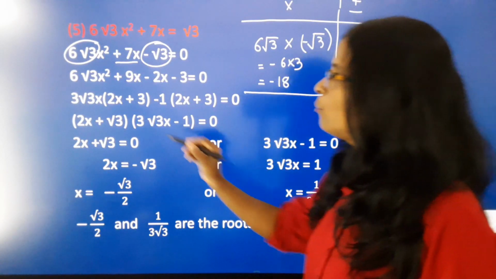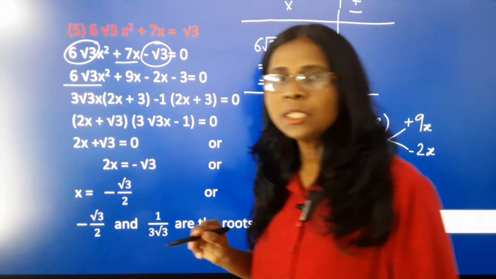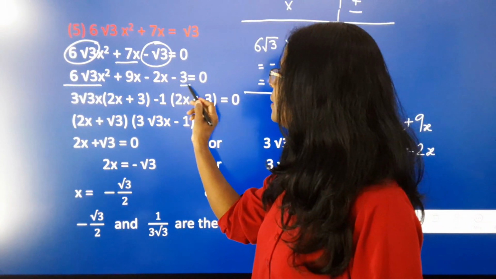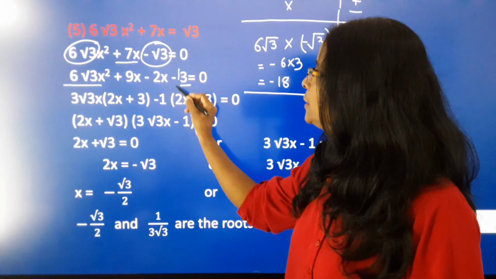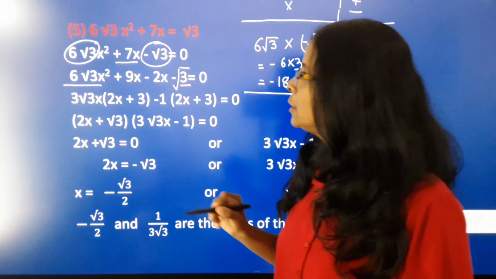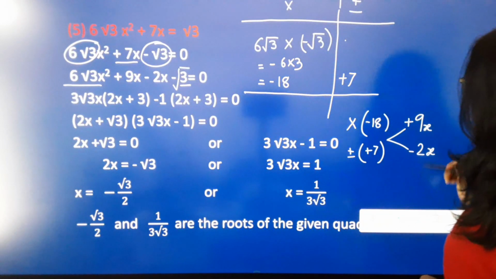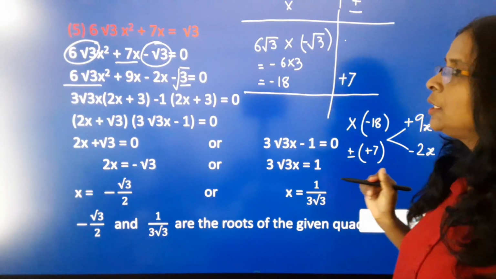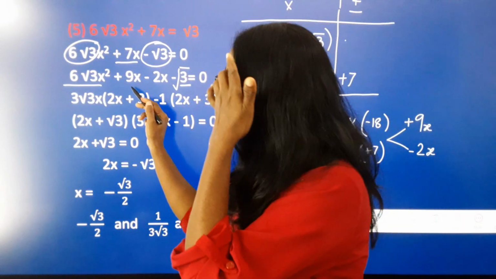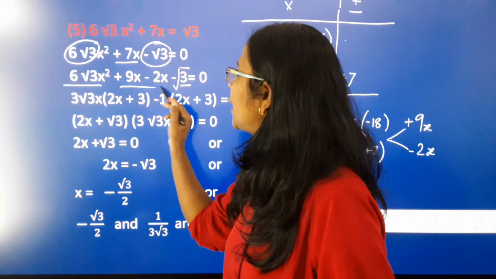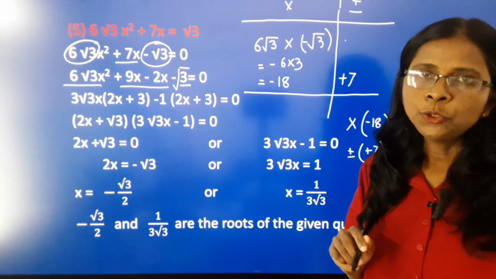Okay, so write down the first term and the third term as it is, that is here root 3. Now here place these two numbers in the middle of these two. So positive 9x and negative 2x.